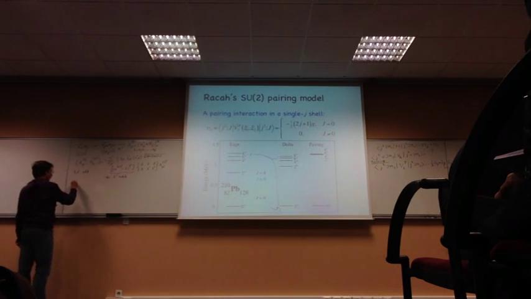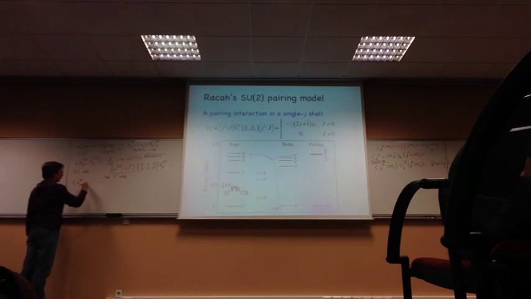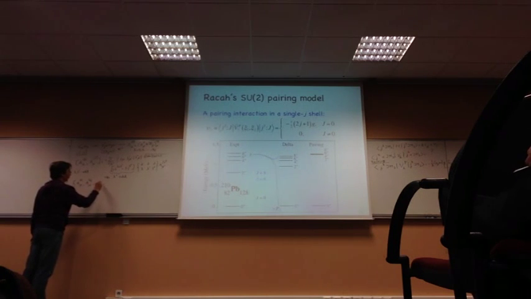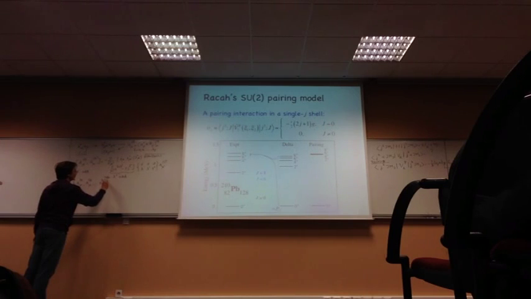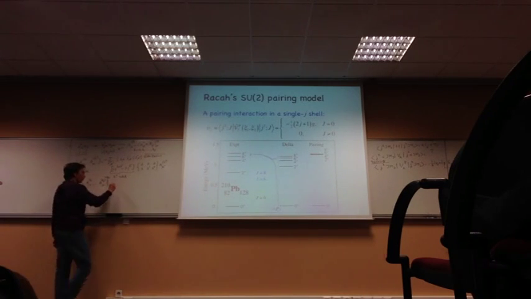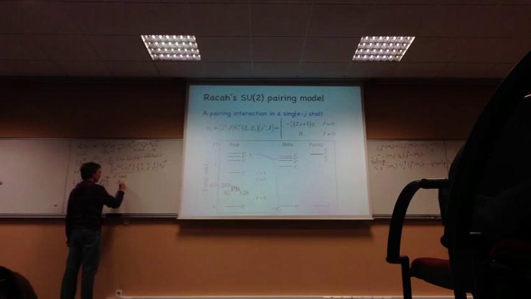In other words, what I'm saying is that you have a set of generators, this is 1, 3, and so on, to 2j. And this closes on the commutation.